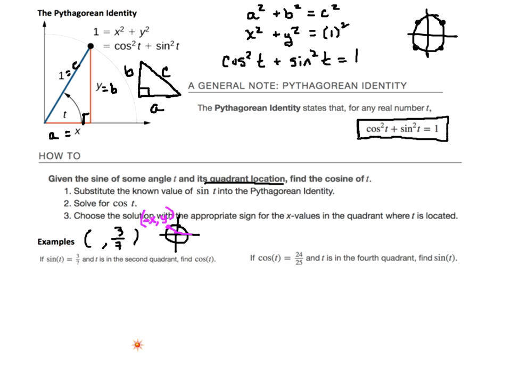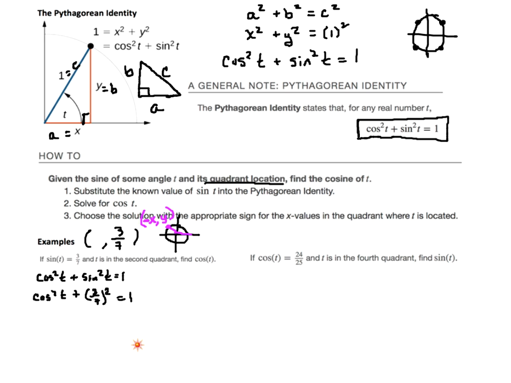Okay, so we're going to use our Pythagorean identity to solve for the cosine. So we'll start with our Pythagorean identity, which is cosine squared of t plus sine squared of t equals 1. I don't know my cosine squared of t, but I know my sine of t is 3/7, so I'm going to add 3/7 and square it.